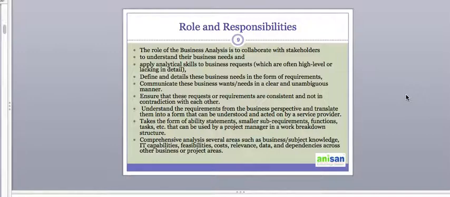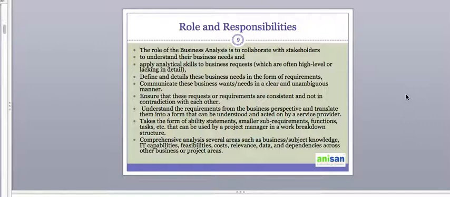Then we ensure that these requests or requirements are consistent and not in contradiction with each other. That is a key part the business analyst has to consider. We understand the request from the business perspective and translate it into a form that can be understood and acted on by the service provider.